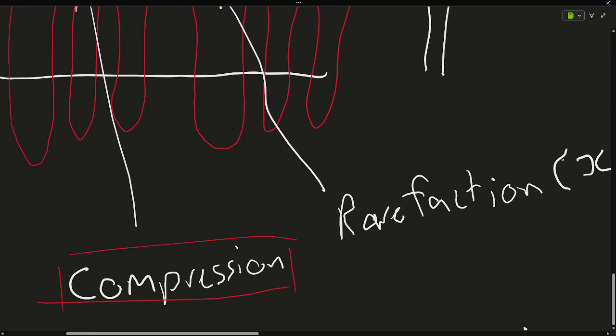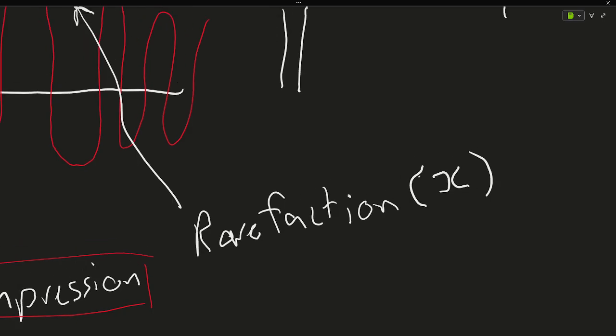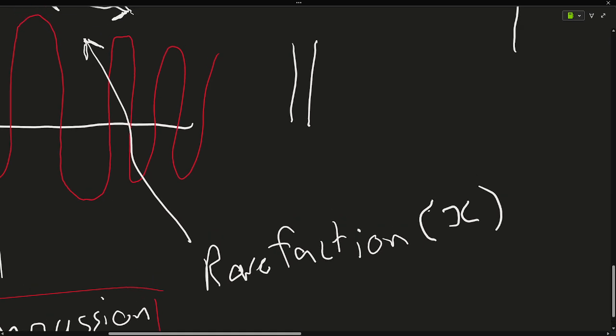Compression is when you've got a lot of energy in one area. So that's the wave moving. Rarefaction is when it extends, when there is a sort of gap, and there's not a lot of energy passing through the point.